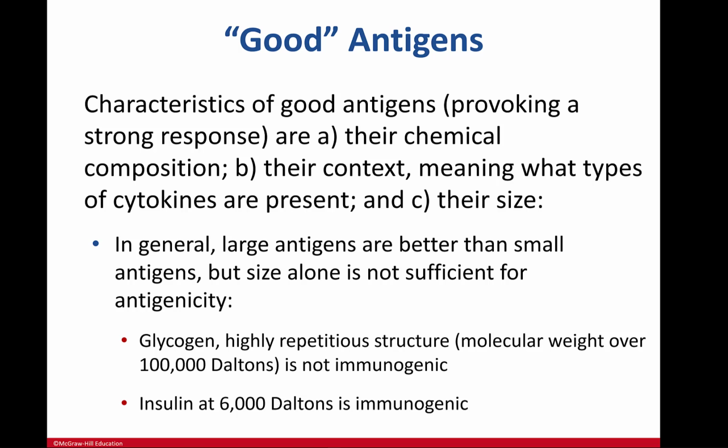Good antigens, or characteristics of good antigens: they're large, though size alone is not enough. A good antigen is a highly repetitious structure with a molecular weight over about 100,000 Daltons. Water is about, I forget, it's about 18 Daltons. That's it. Water is just a tiny molecule.